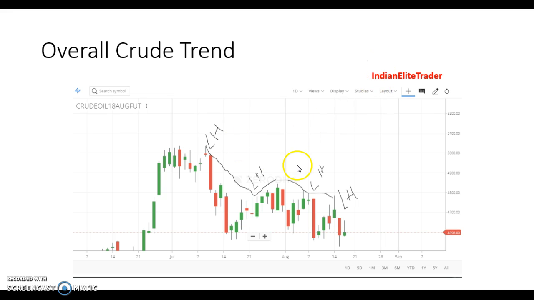Especially in August, the overall trend as of date is towards the downside. Okay, so if you ask me, based on this month's data, the overall trend for crude is pretty bearish.